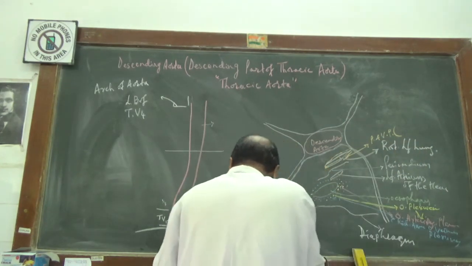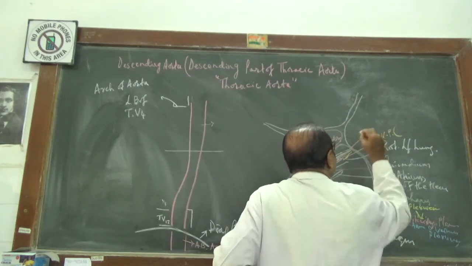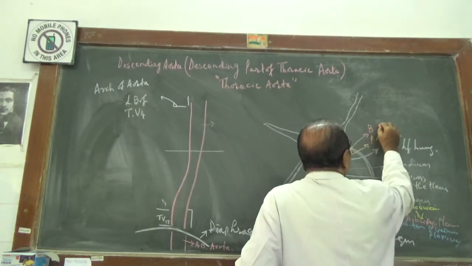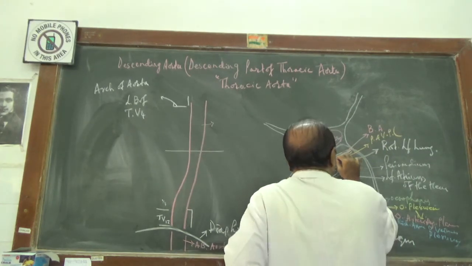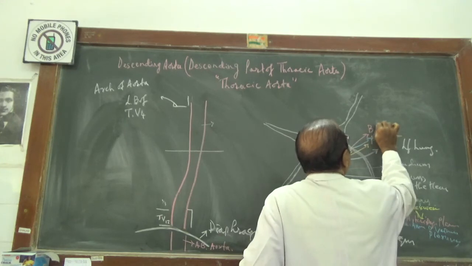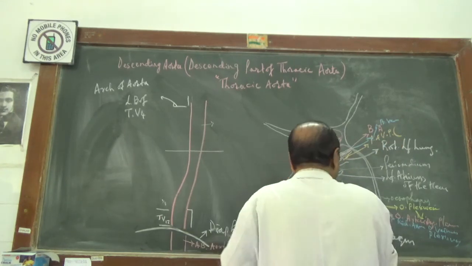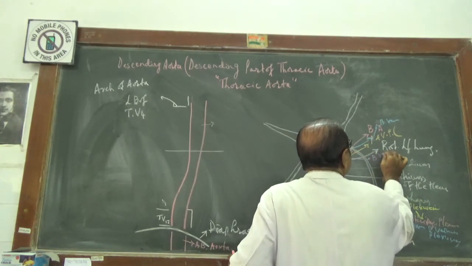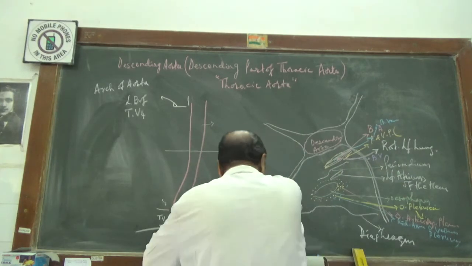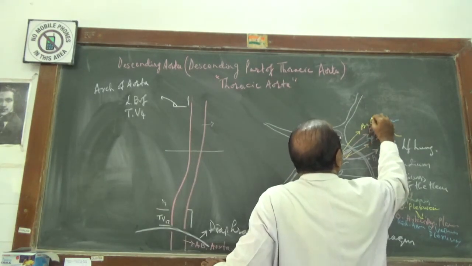Then you will get the bronchial arteries, bronchial veins, then the bronchial group of lymph vessels, then the bronchial nerves, plexus.